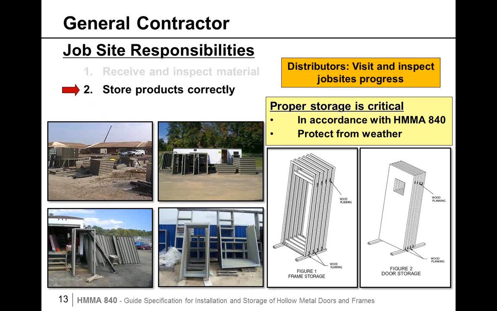Now, I talked a little bit about visiting job sites, and any type of material supplier's sales force should periodically go to job sites with the distributors and see what's going on. These are some photos that were taken by distribution of job site storage. As you can see, it's not protected. It's not properly stored.